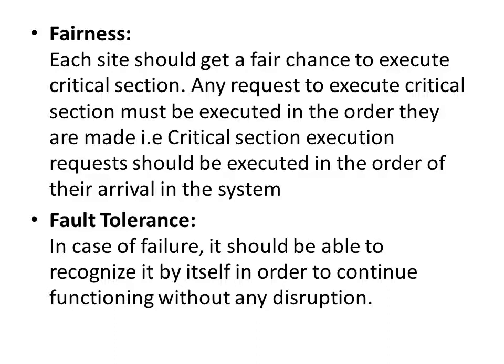Next, fault tolerance. It should tolerate faults. In case of failure, it should be able to recognize the failure by itself in order to continue functioning without any disruption. So the system should tolerate the fault by itself.